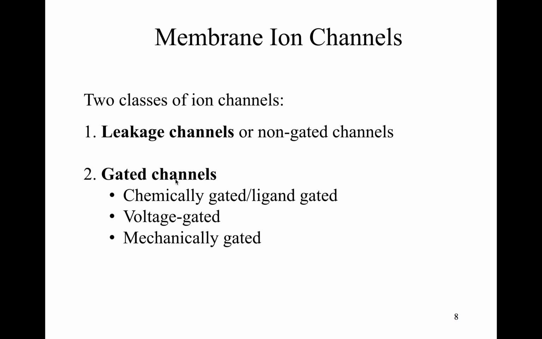In a chemically gated channel, some chemical or ligand must bind to that channel, causing it to open or close. In a mechanically gated channel, some mechanical stimulus must occur in order to open or close that channel. A voltage-gated channel is going to open in response to some change in voltage, so some change in charge.